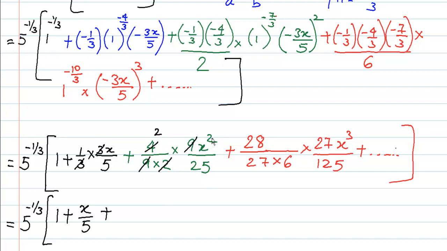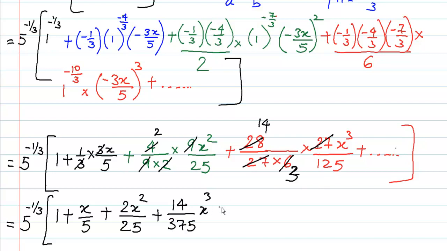So we are left with 2x squared upon 25, plus 27 cancels with 27. 3 2s are, sorry, in fact 2 3s are 6, 2 14s are 28. So we have 14 upon 3 into 125 is 375, x cubed, and so on. So this is our final answer.